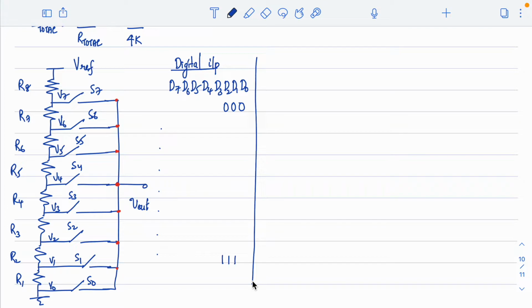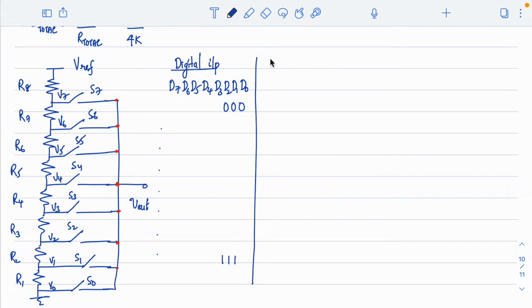Now, let me mark the rest of the things. What we need to find is the reference voltage, the voltage at every node of the resistor, the tapping from the resistance, and then based on that I need to find the output voltage, right?